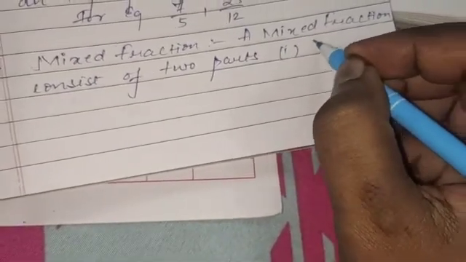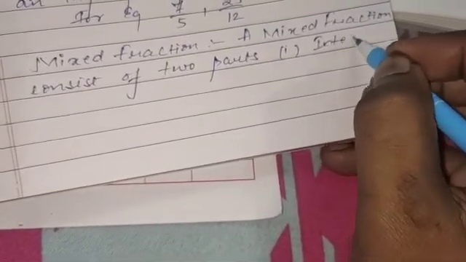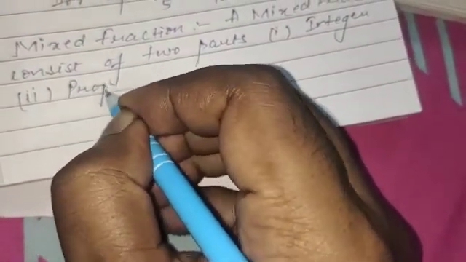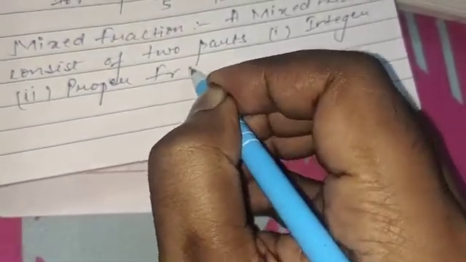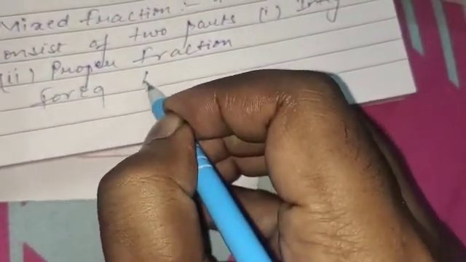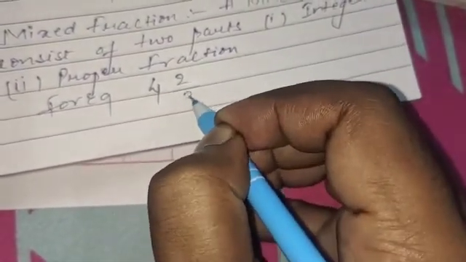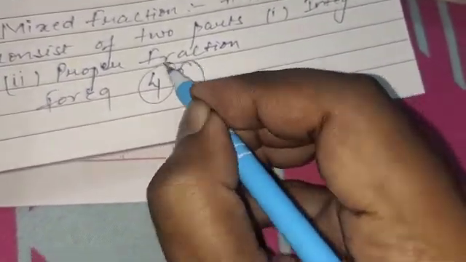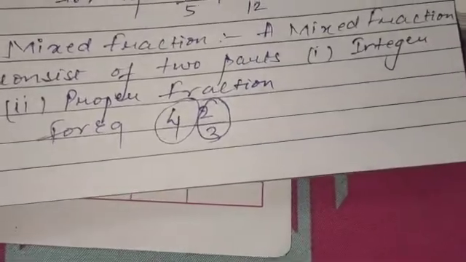First is an integer, second is a proper fraction. And it will be written as, for example, 4 2 by 3. So this is an integer and this is your proper fraction. Clear?